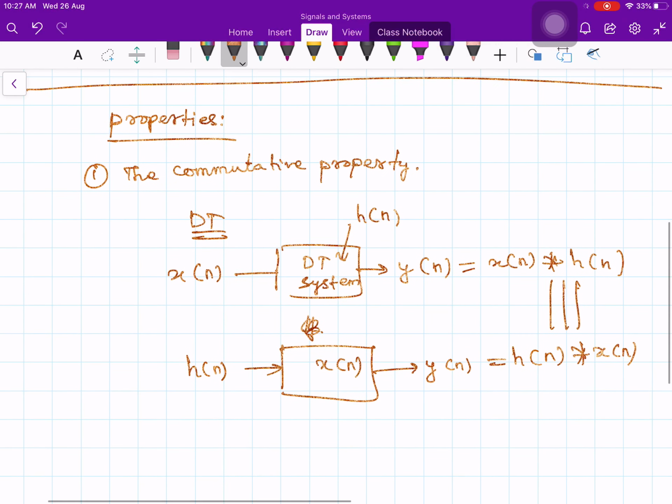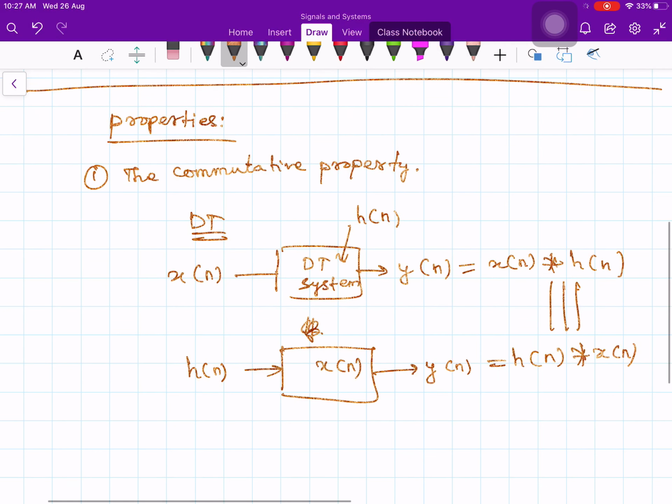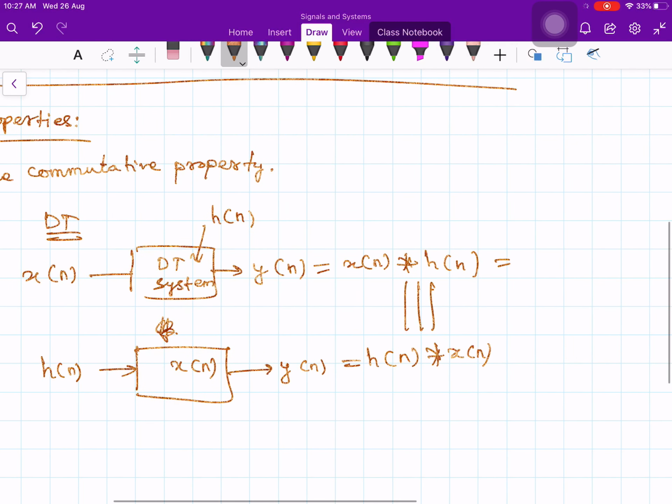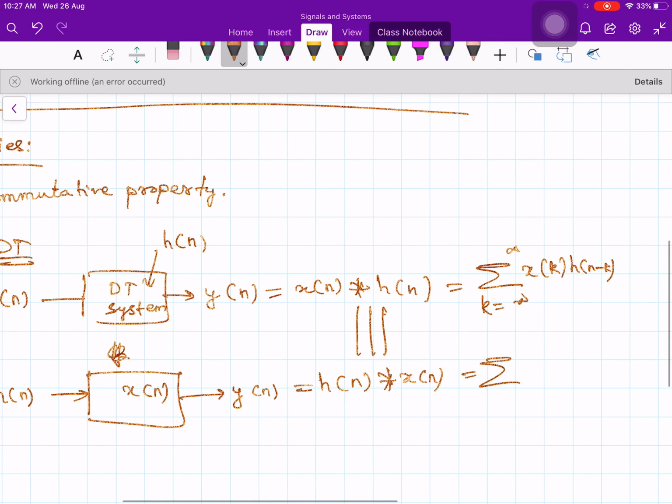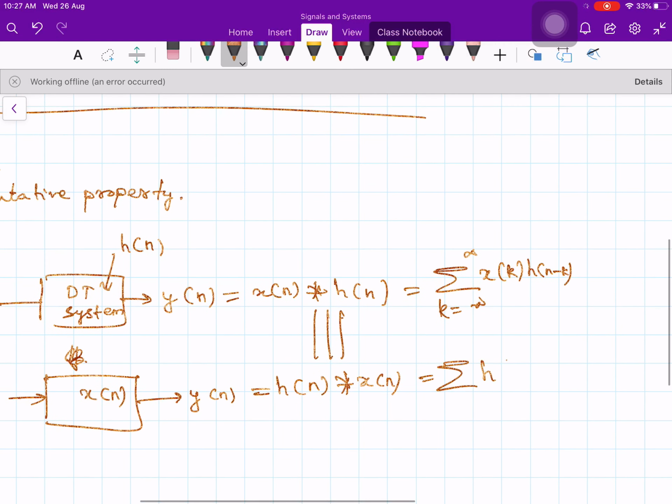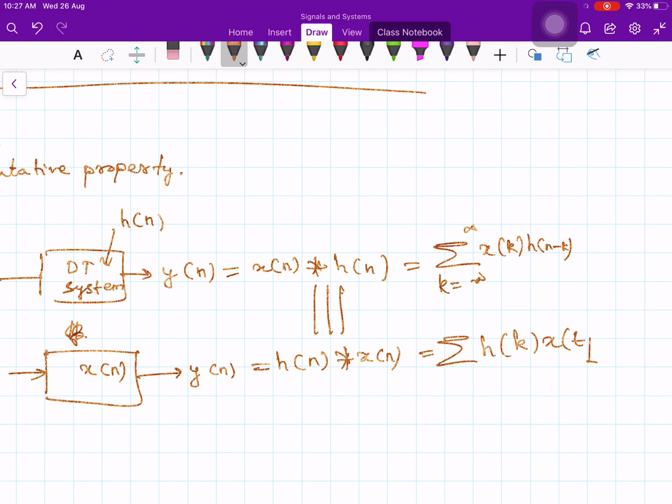This expression is equal to the summation over k from minus infinity to plus infinity of x of k h of n minus k, and the same expression you can write by keeping h of k as it is and folding and delaying x, giving x of n minus k.